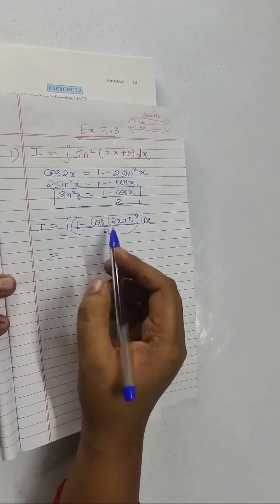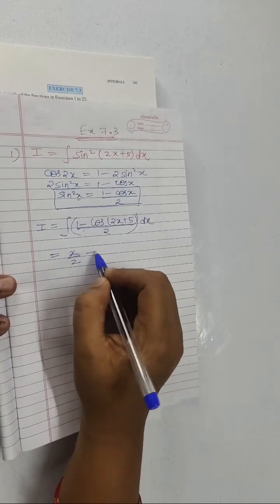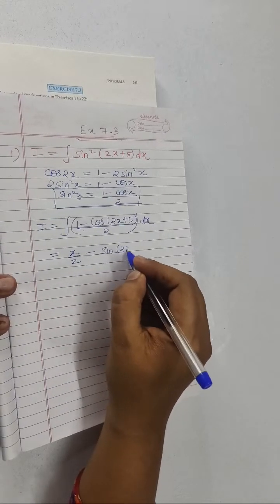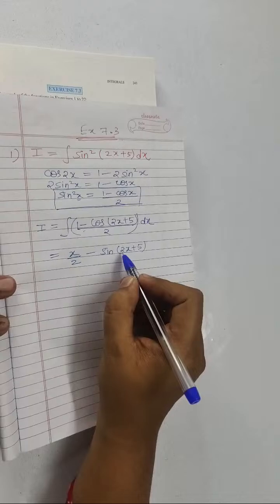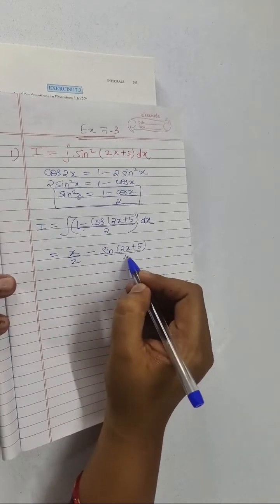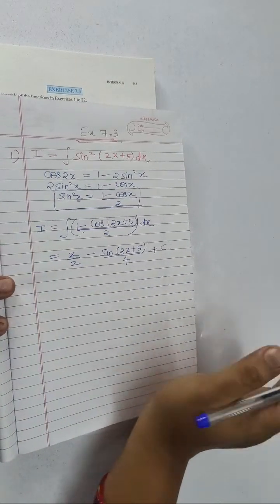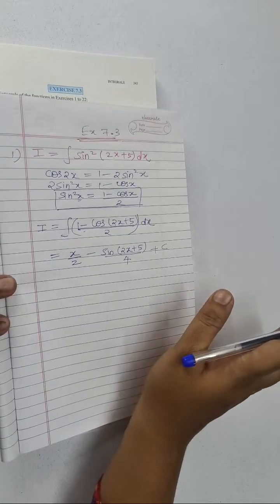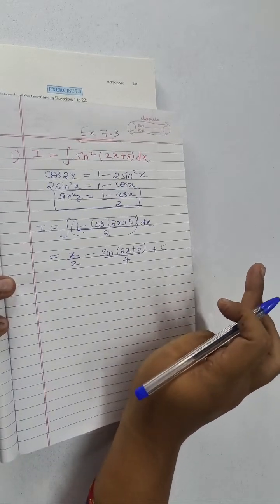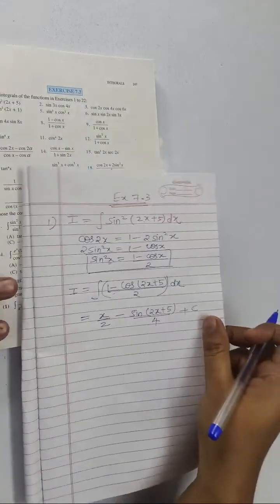Integration of 1 is x, so it is x by 2 minus, integration of cos is sine, but you have minus here, sine of 2x plus 5, and the coefficient of x is 2, and already you have 2, so that will become 4, plus c. So you have x by 2 minus sine of (2x plus 5) by 4 plus c.